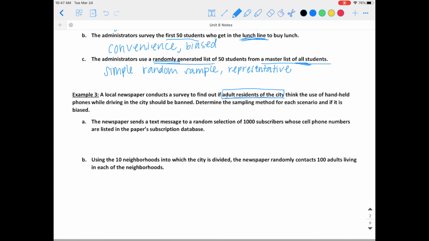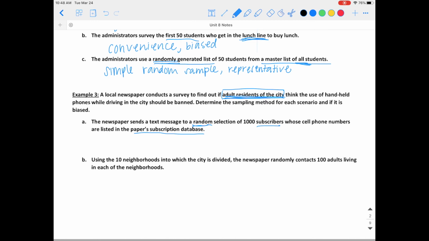Okay, and so when we look at these sampling methods, the first one, newspaper sends a text message to a random selection, so we have it randomly, it's not following a rule, of subscribers to the newspaper whose cell phone numbers are listed in the paper subscription database. There's a couple different ways you could think about this. If you're thinking about the population being everyone in the city, the fact that we're only picking people who subscribe to the newspaper and who put their numbers in there, there's a few ways you could think about this.